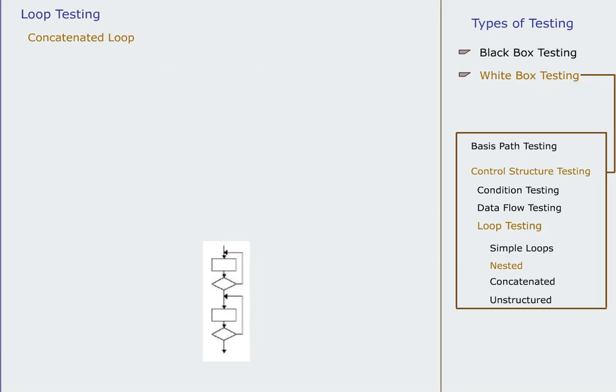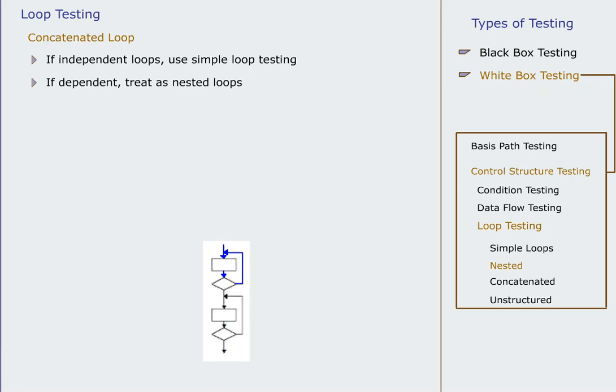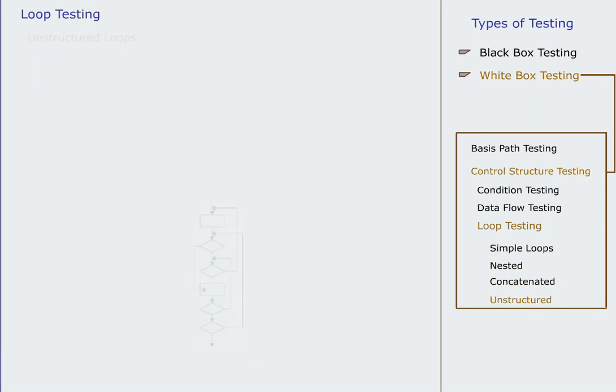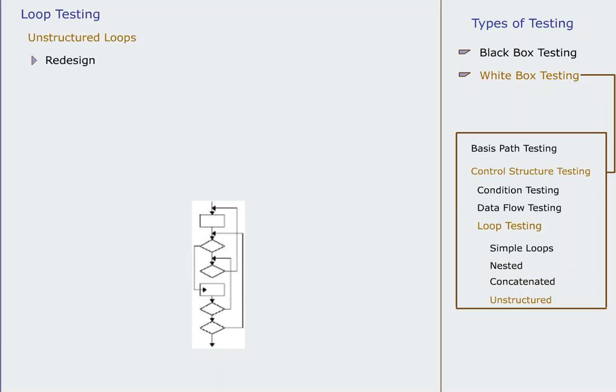Concatenated loops. If independent loops, use simple loop testing. If dependent, treat as nested loops. Unstructured loops. Such type of loops should be redesigned to reflect the use of structured programming constructs.